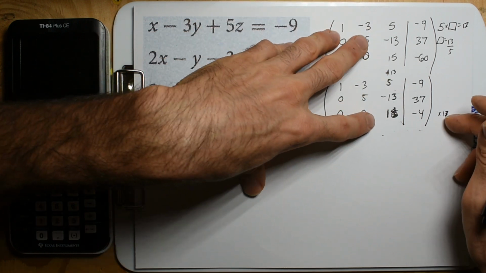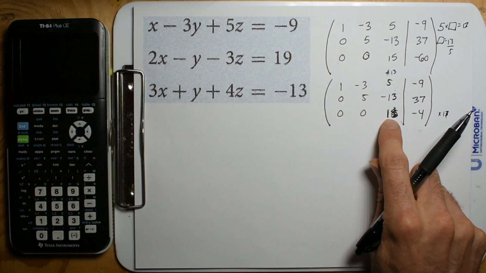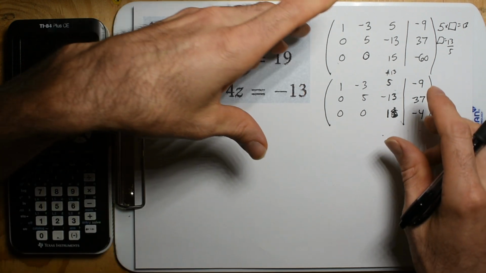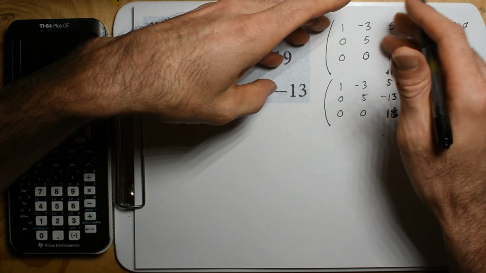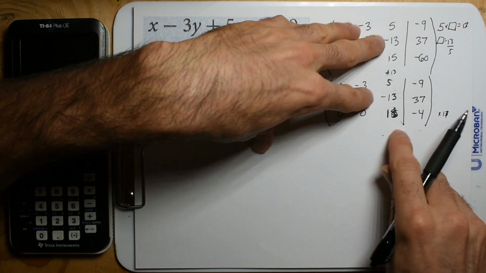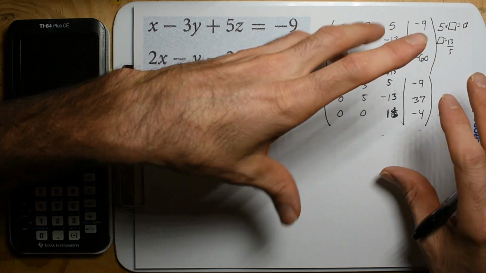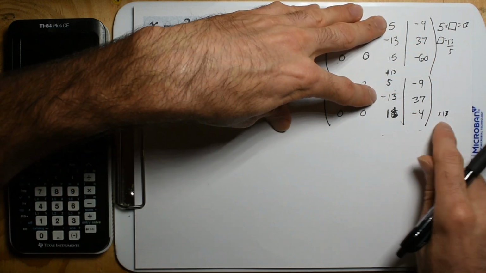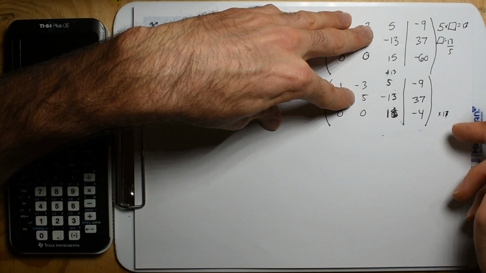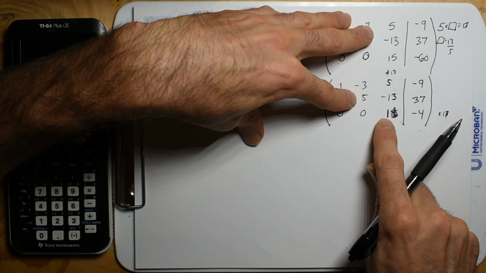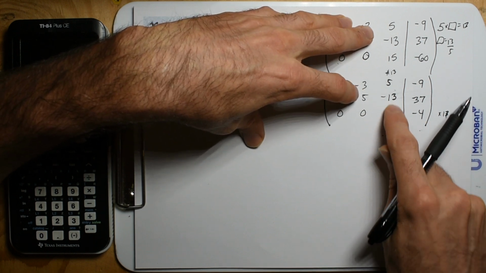Just make sure when you add the negative numbers together, you're not losing your mind. If we do this times 13, then we'll add these.